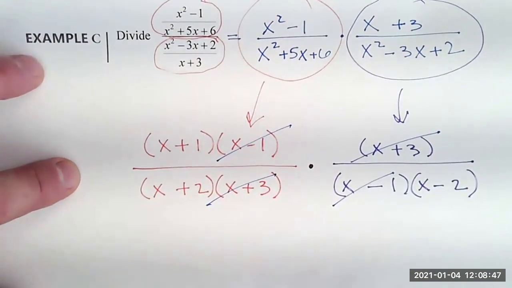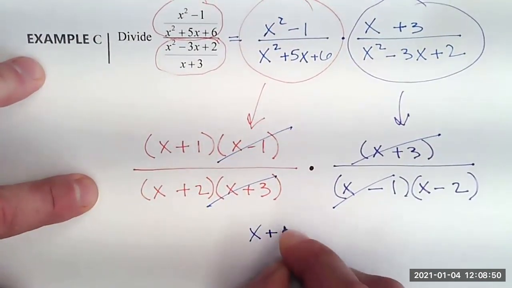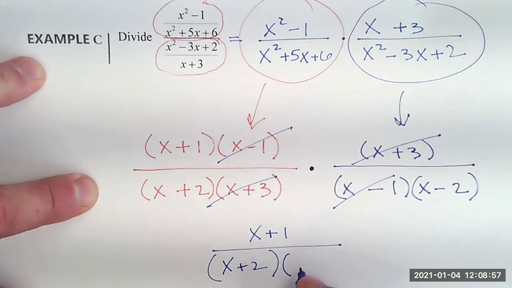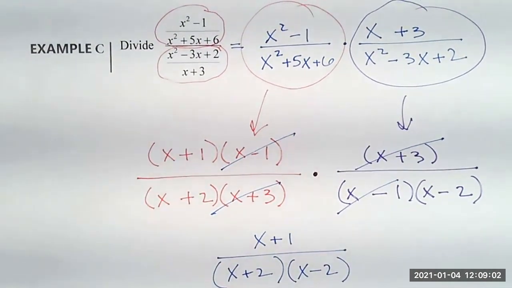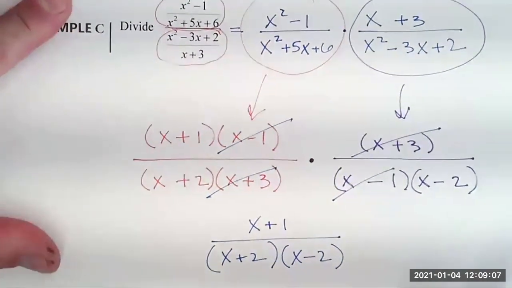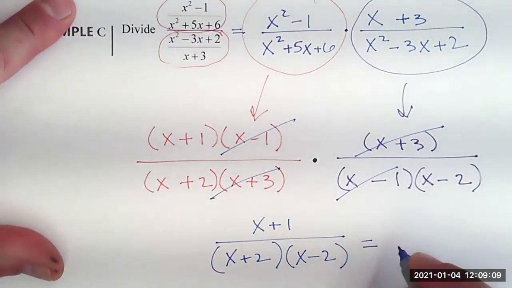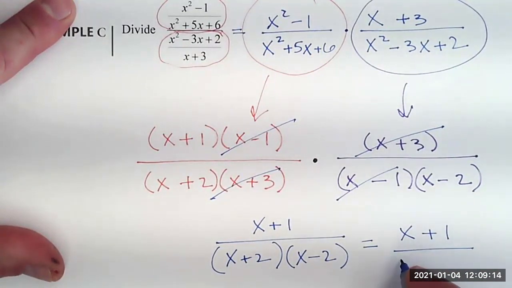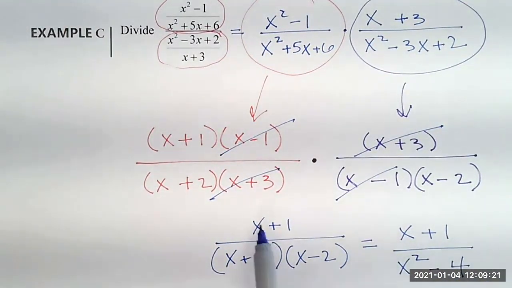What we end up with is x plus 1 divided by x plus 2 times x subtract 2. That would also be the difference of two squares, but you don't have to write it this way. You can leave it in factored form.